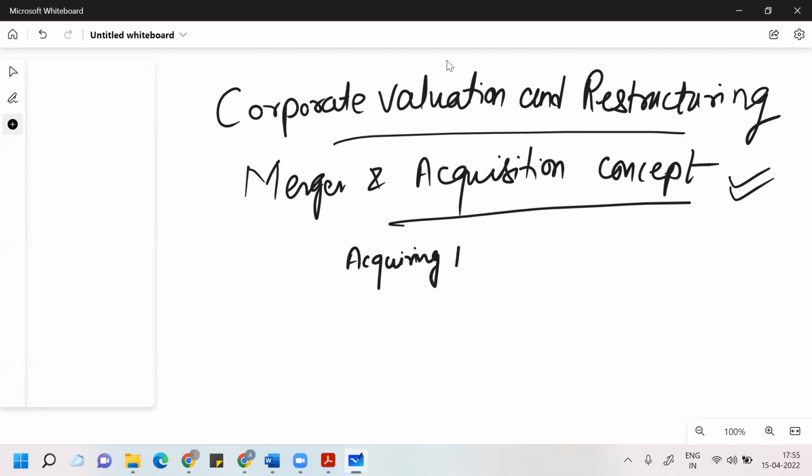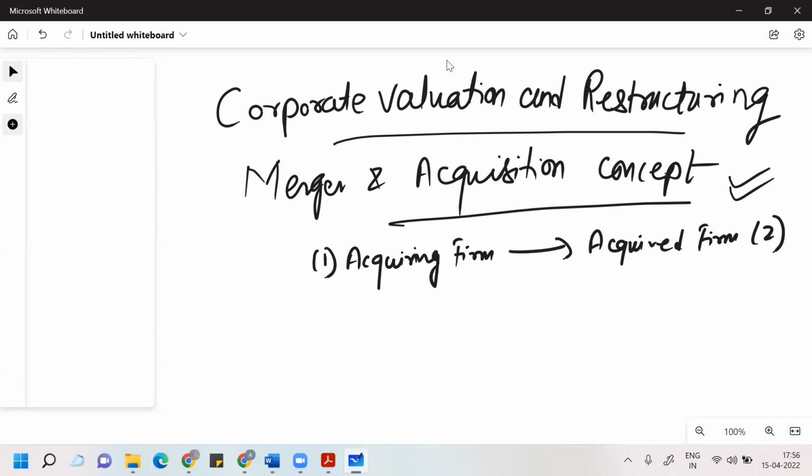Suppose there are two firms. One firm is the acquiring firm, which ultimately acquires another firm, called the acquired firm. I'm writing the acquired firm as 2 and the acquiring firm as 1.